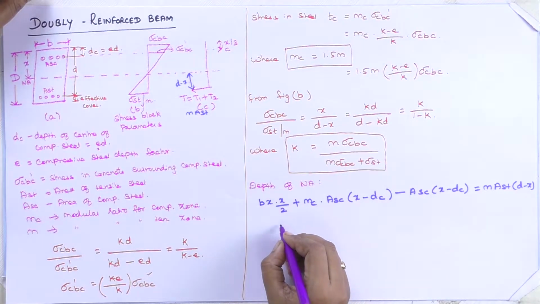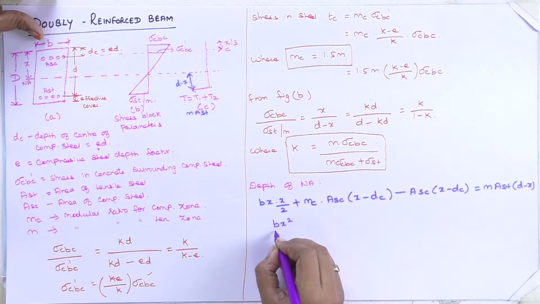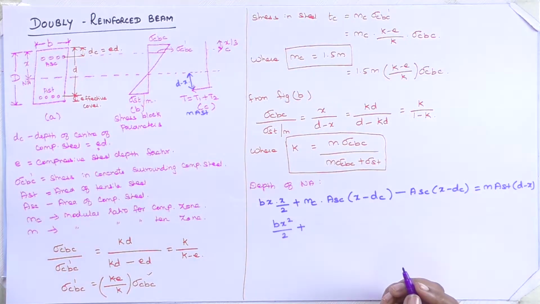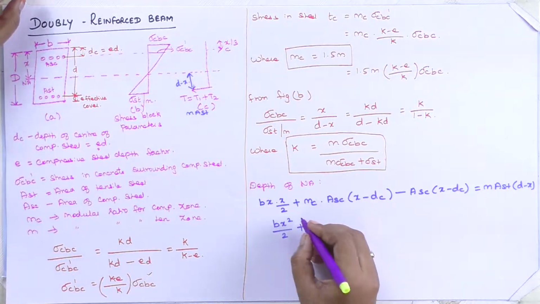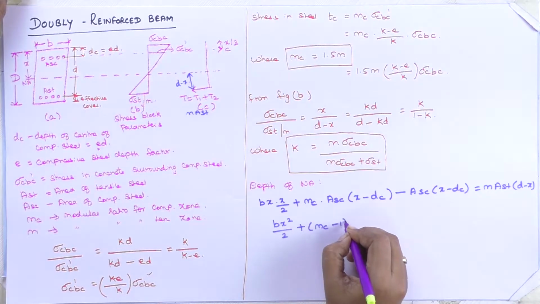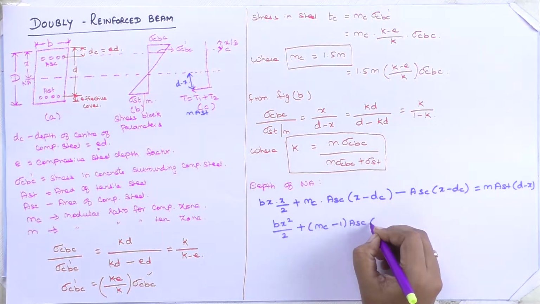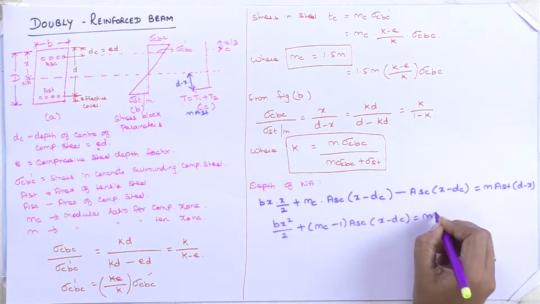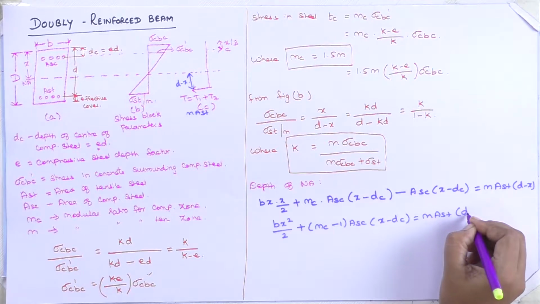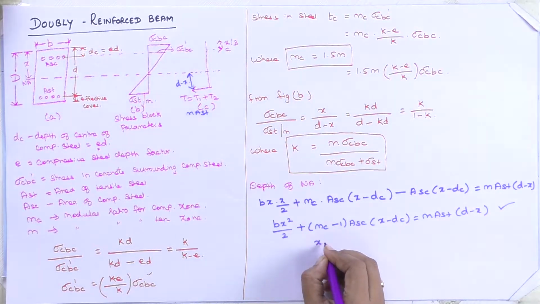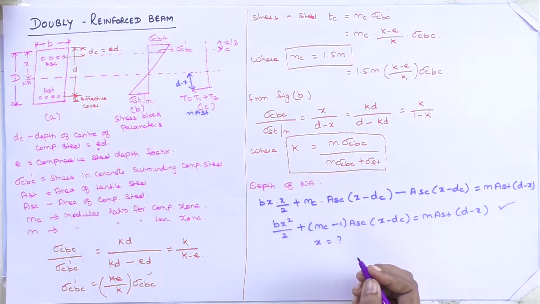Now you can calculate b x squared divided by 2 plus mc minus 1 into asc into x minus dc, that is equal to m into ast into d minus x. From this formula you can calculate the x value, that is the depth of neutral axis.